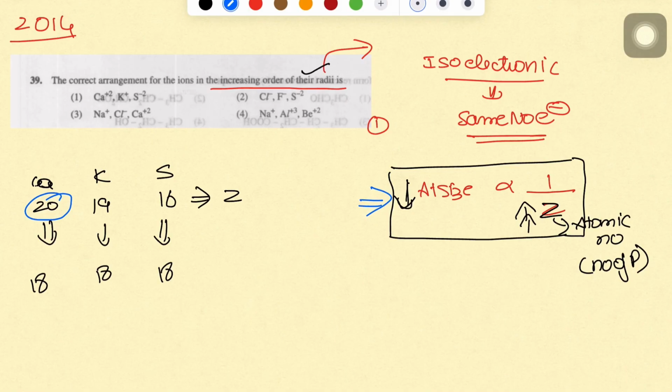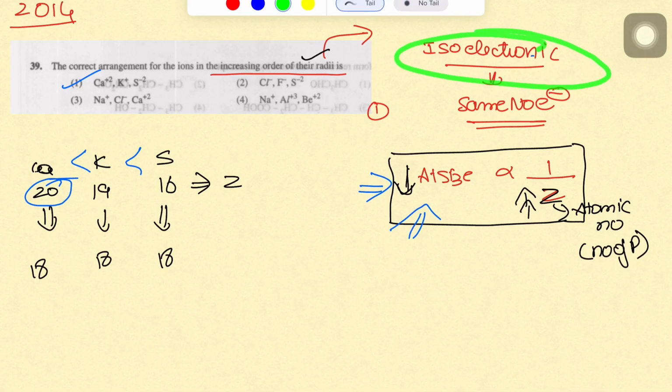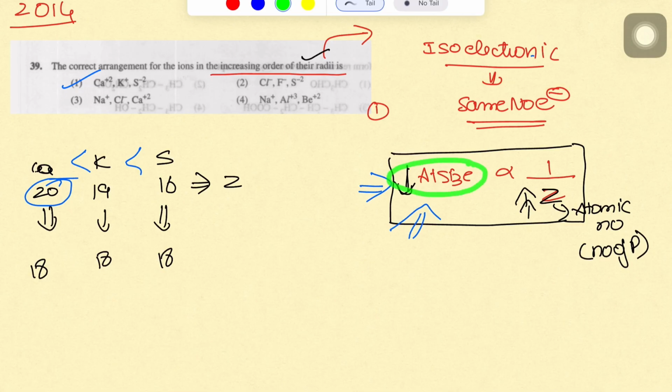So calcium will have the least atomic size, next comes potassium, and next comes sulfur. So the correct option is 1. This is the trick for this question: for isoelectronic species, atomic size is inversely proportional to Z, the atomic number.